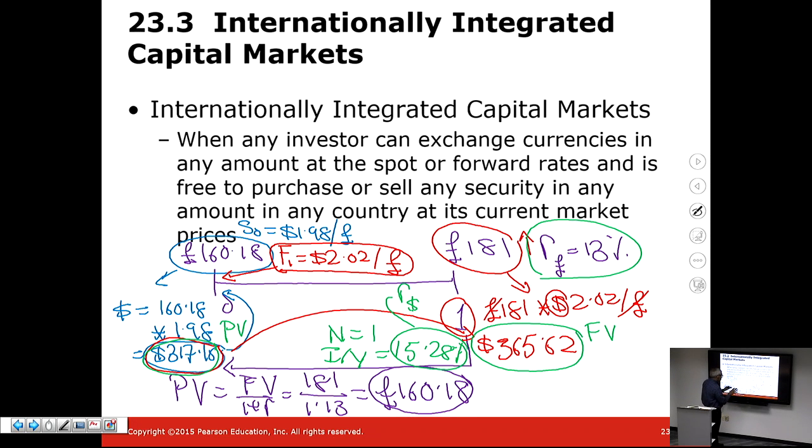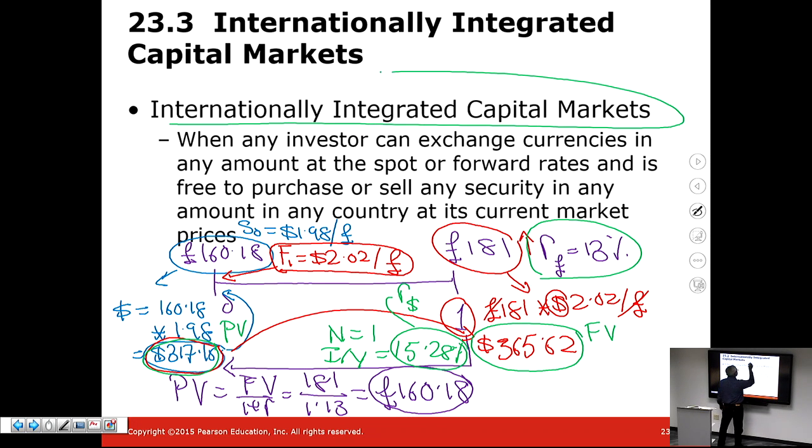If those are the rates that are applicable in the market, then we say our international capital markets are integrated.